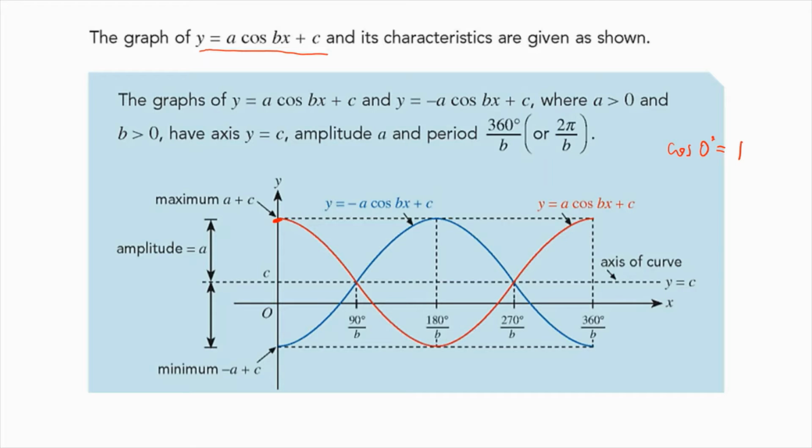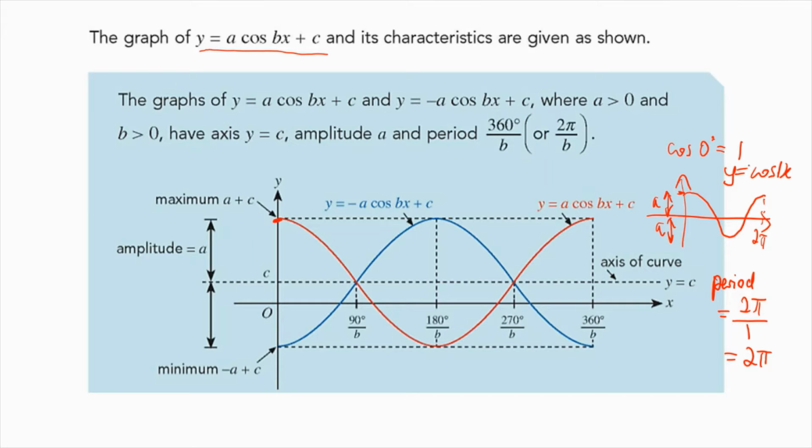If we have y equals cosine x, it will look something like this, and it's 2 pi. If b is 1, then the period is 2 pi over b, which is 2 pi. What's the amplitude? Amplitude is the height here. In this case, a is 1.